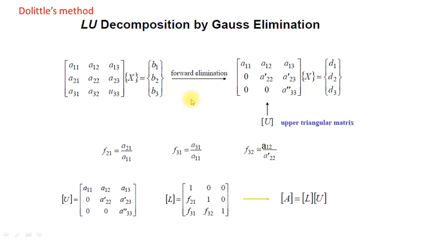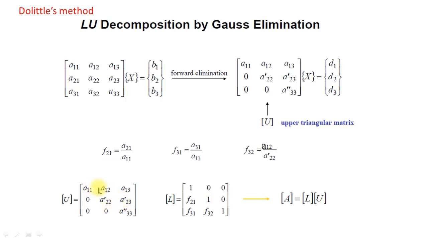And the other method is that, first of all, find the upper triangular matrix: convert the matrix A into echelon form. You will obtain the upper triangular matrix. In the upper triangular matrix, you see here these 3 will be 0. These 3, the first row, are the same as matrix A, and these 3 entries will be new entries.